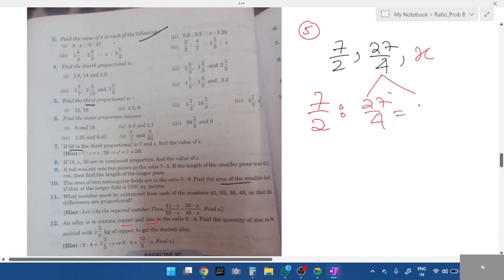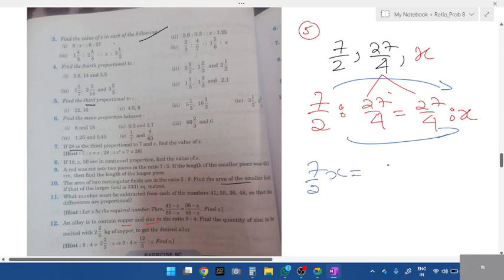Two parts. 7 by 2 is to x is to 27 by 4. Product of means is equal to product of extremes, Amani. 7 by 2x is equal to what? Respond. 27 by 4 into... Okay, what happens to 7 by 2, students? 2 by 7.